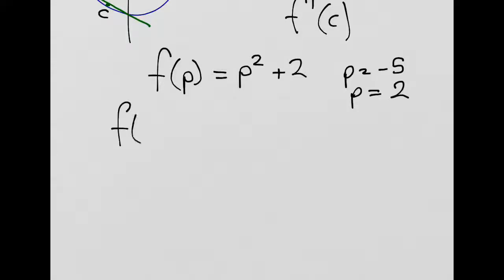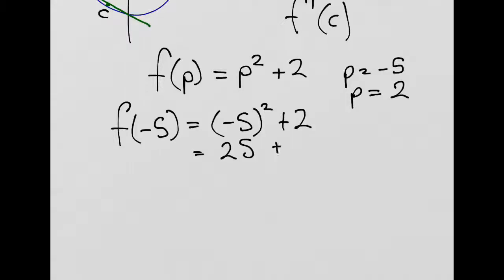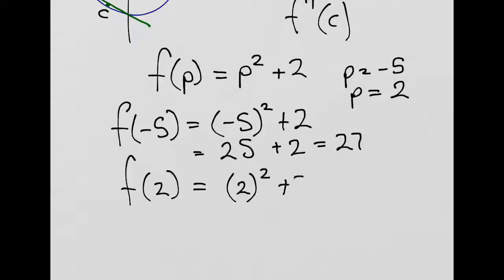So f of minus 5 equals minus 5 squared plus 2, which equals 25 plus 2, which equals 27. Now we'll evaluate f when p equals 2. So f of 2 equals 2 squared plus 2, which is equal to 4 plus 2, which equals 6.